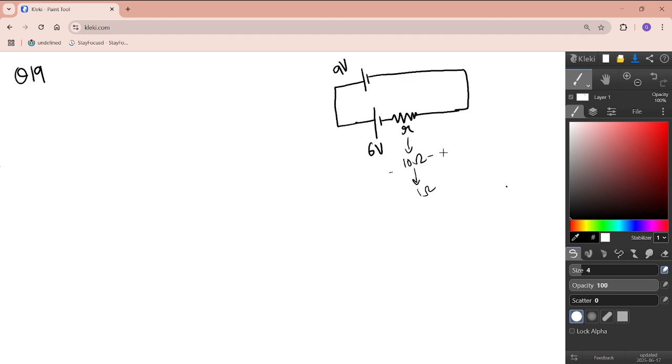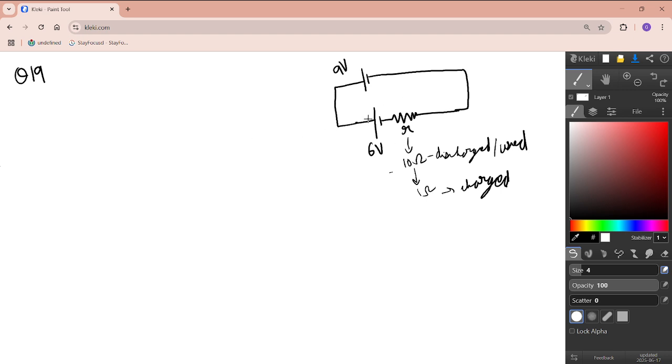So this is when this battery is discharged or used. This is when the battery is charged, or used. Now we have to find the current through the battery. You can say just this battery or the whole thing.